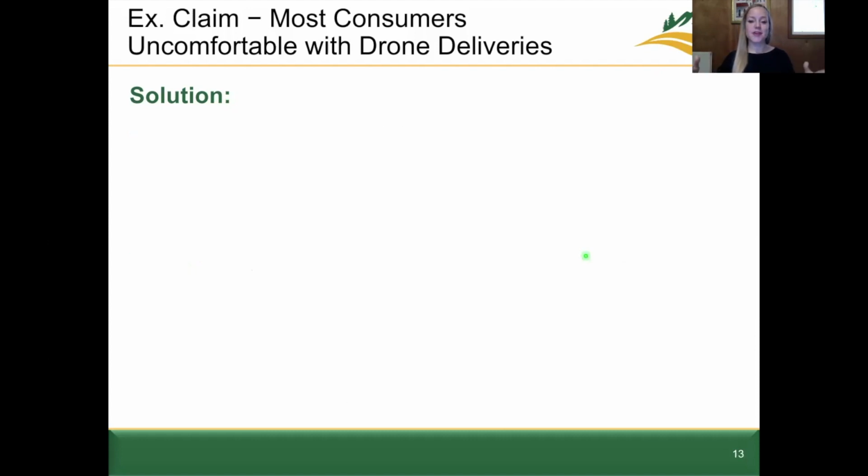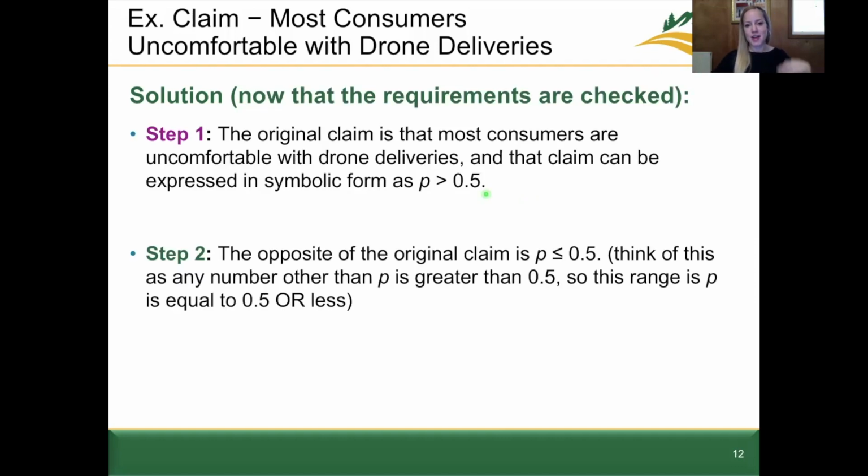Step number 3 involves figuring out our null and our alternative hypotheses. Remember, the trick to solving for this is to figure out which of those notations from step 1 and 2 contains inequality and one that does not contain inequality. I went back to this slide here, so p is greater than 0.5, that's one of our options, and p is less than or equal to 0.5.